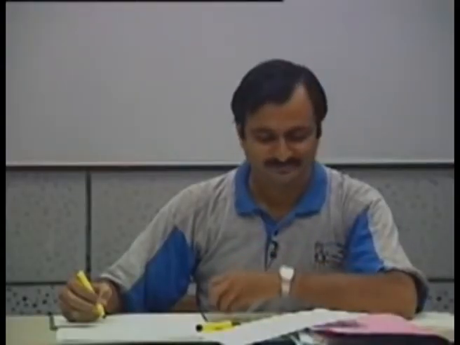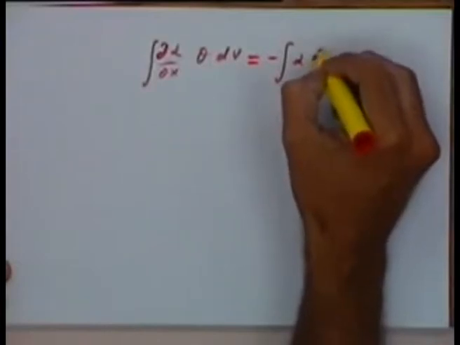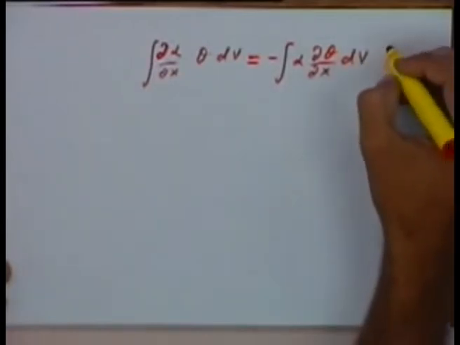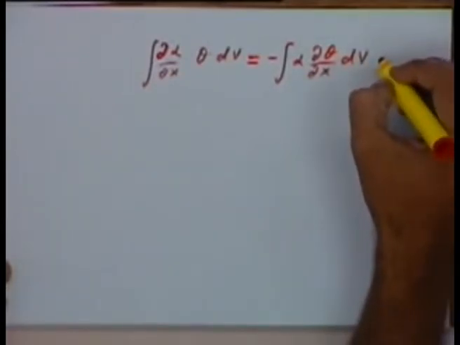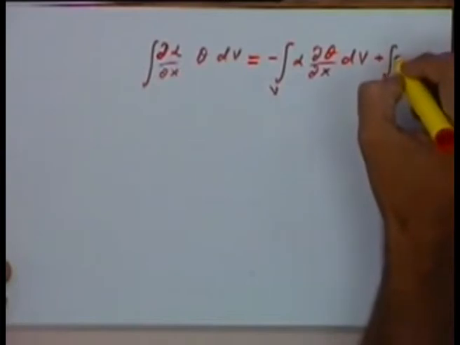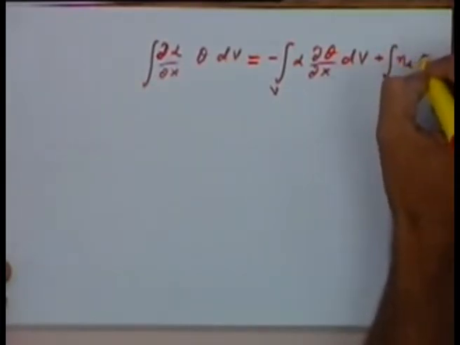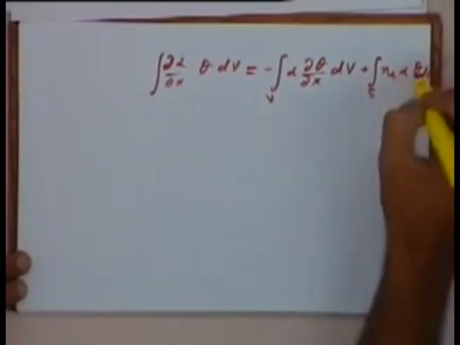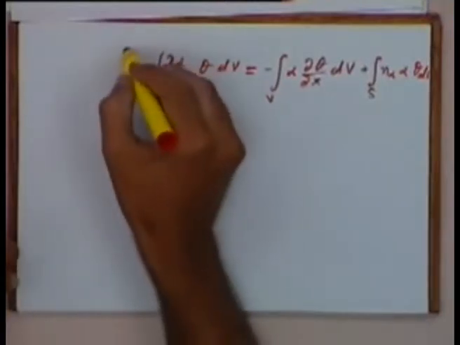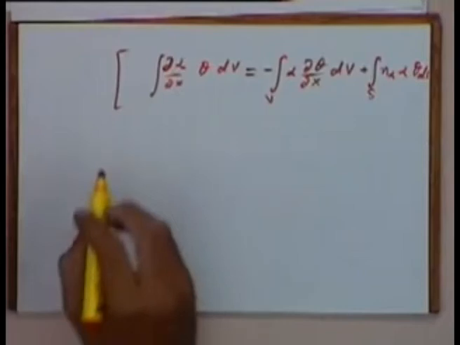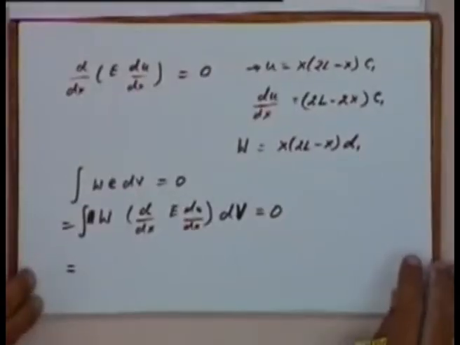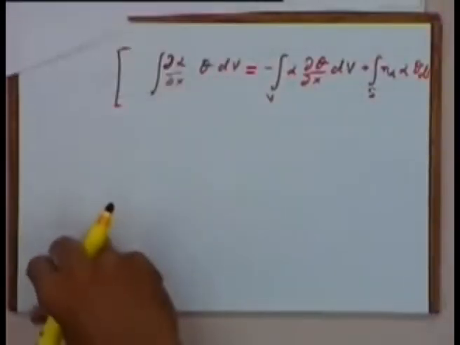It is the first function into the integral of the second: minus the integral of alpha times del theta by del x times dV, plus the surface integral of n dot alpha theta dS. So we will be using this and try to simplify the expression that we have over here. We have a volume integral which is of the same form.